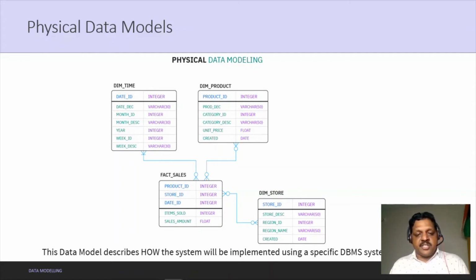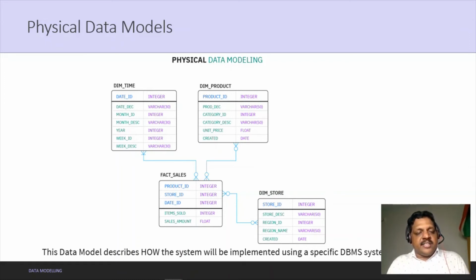Database management system, that is a DBMS system. This model is typically created by DBA and developers. The purpose is actual implementation of the database. The physical data model describes a database specific implementation of the data model.